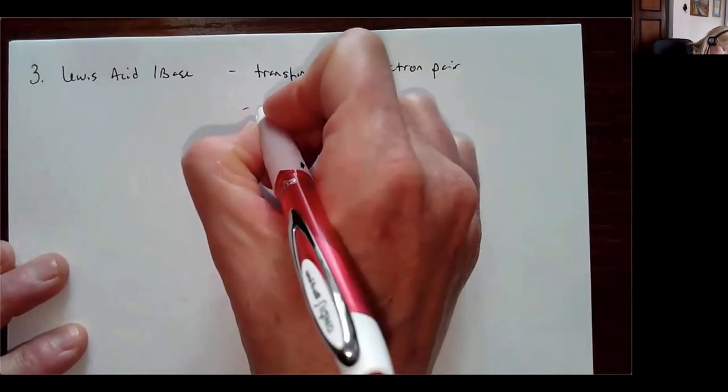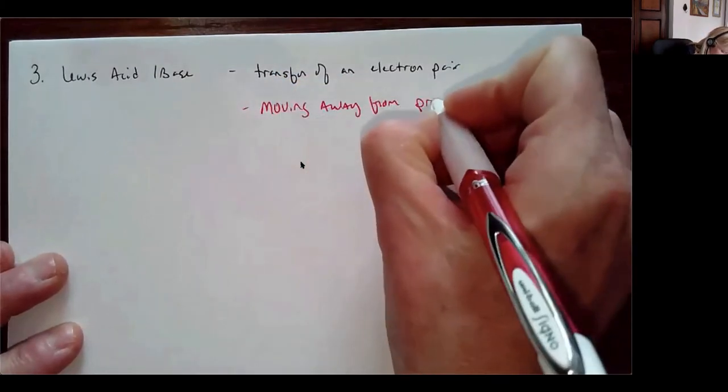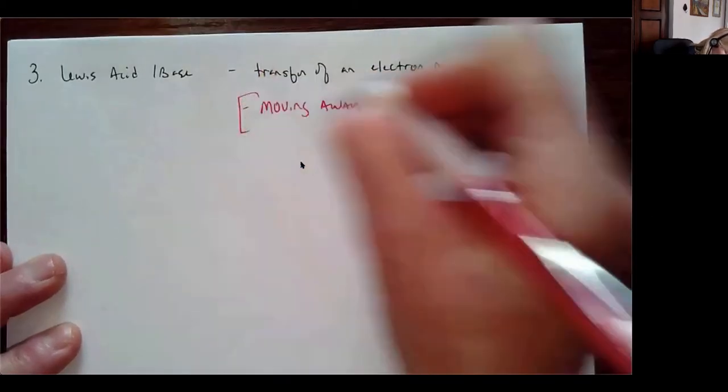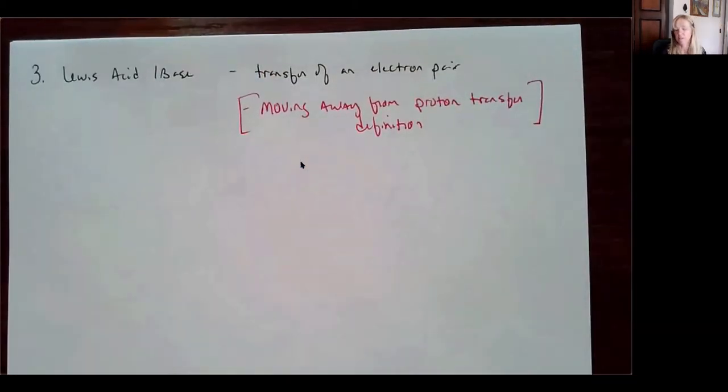So I'm moving away from the proton transfer definition. Lewis acids and bases we don't really cover at all in this chapter. I just want to introduce this because this is the third way that we identify an acid base. We're not going to really touch on this until closer to the end of the semester, where we talk about transition metal chemistry.